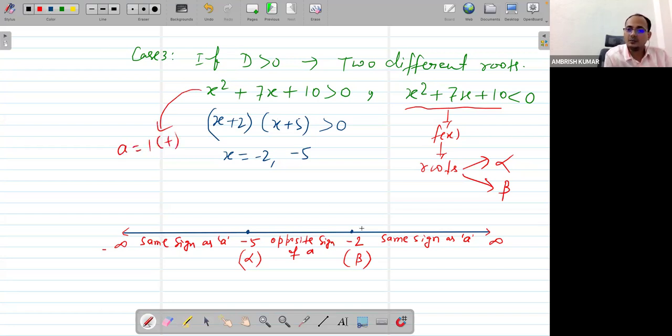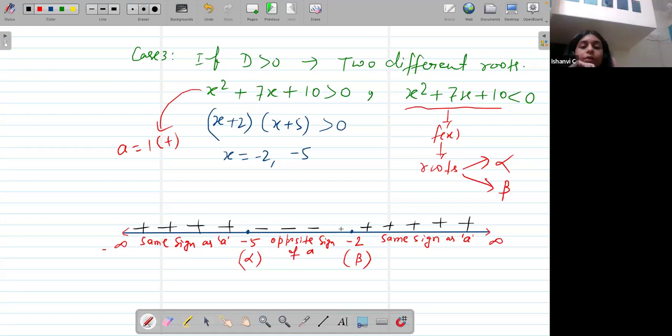So here we take positive sign from -2 to infinite. Here again we take positive sign, and here we take the negative sign.